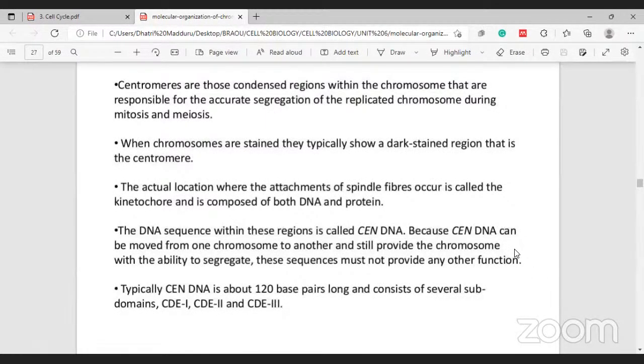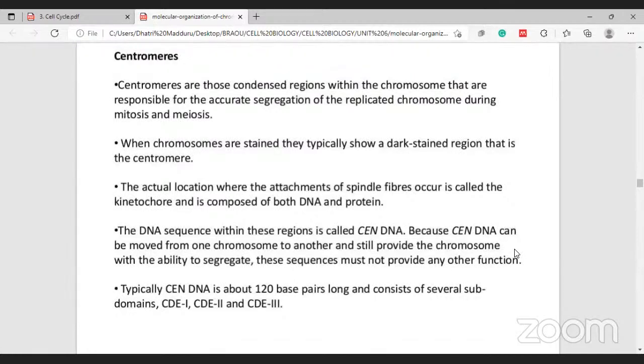Centromeres are the condensed regions which are present at the center, and they are helpful in the segregation of replicated chromosomes, that means separation during mitosis and meiosis, and they are darkly stained. They consist of spindle fibers and form a button-like structure called kinetochores, which have DNA and protein. The DNA present in the kinetochore region is called cDNA, CEN DNA.